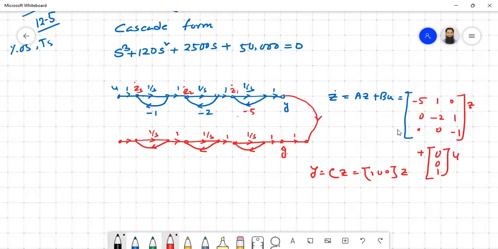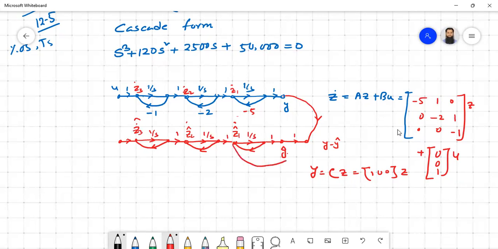Then this is actually your Y minus Y hat. Y minus Y hat will be fed back to the rate of change of the states. So this is Z1 hat dot, Z2 hat dot, and Z3 hat dot. To the rate of change, we will have the difference.